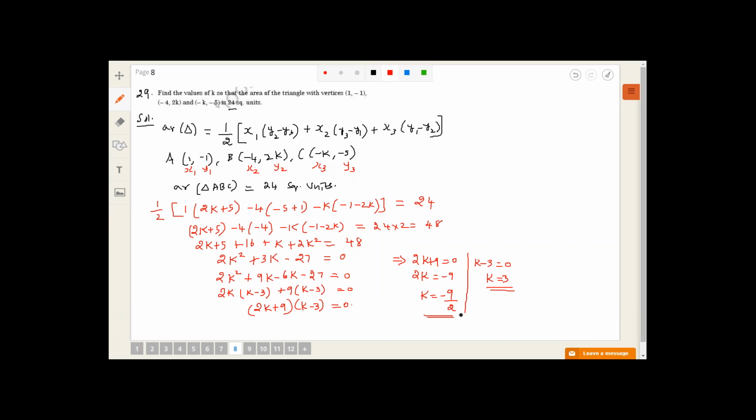So these are the two values for which the given points have an area of 24 square units.